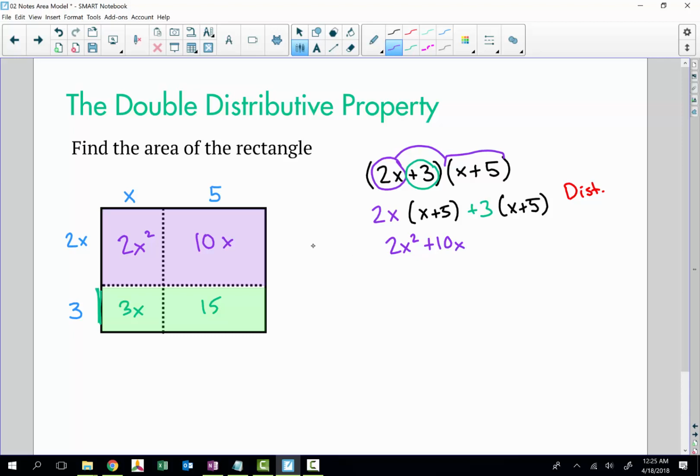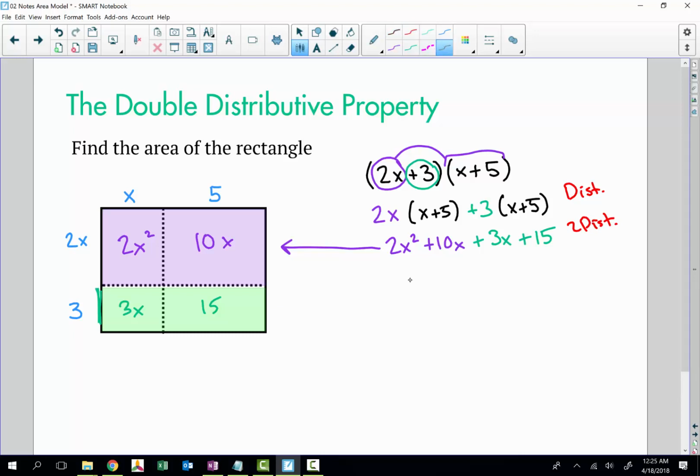And again, you can see that in the purple rectangle here. Then we're going to do the green rectangle, but this time all with symbols, so pretend you can't see that picture. That would be 3 times x, and then 3 times 5. And so that is a second distribution. Then we're just going to combine our like terms.